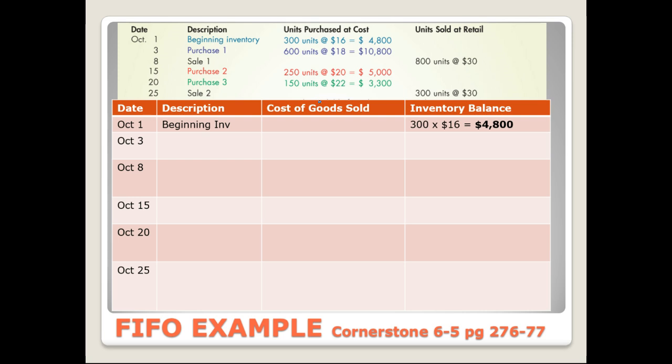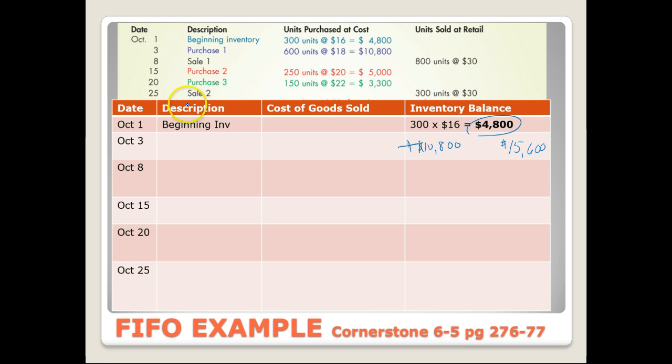Generally speaking, we try to create a chart or a table to figure out our inventory. So on October 3rd, we already know that the total amount available for sale as of October 3rd was the $15,600 because they had this amount plus the $10,800 that they purchased on October 3rd.